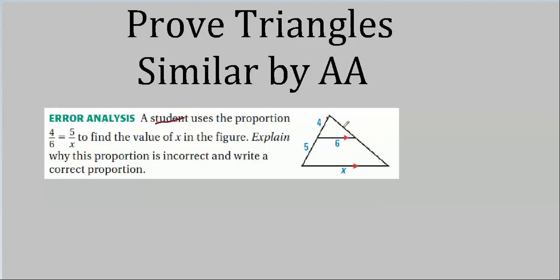So we have a similar triangle, in a sense, contained inside the larger triangle to which it is similar. So what did he do wrong? Well, 4 to 6. Pardon me, that's not right.